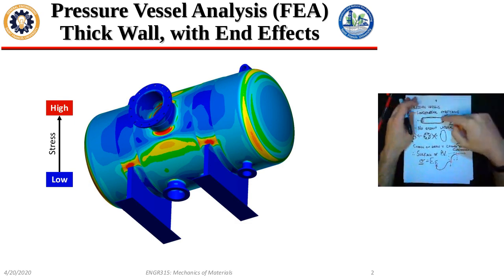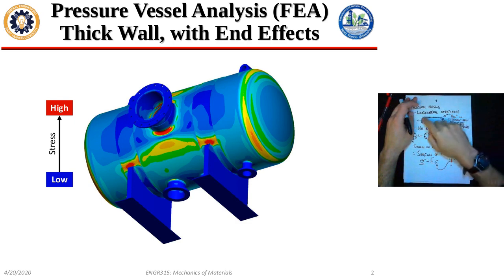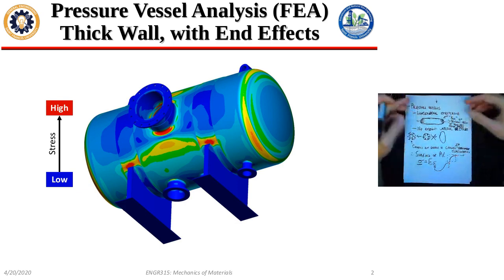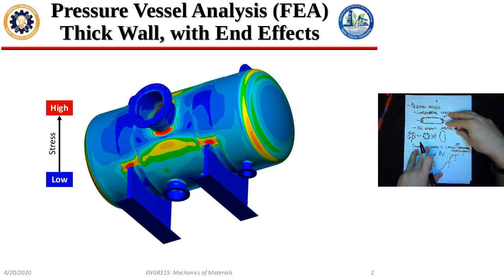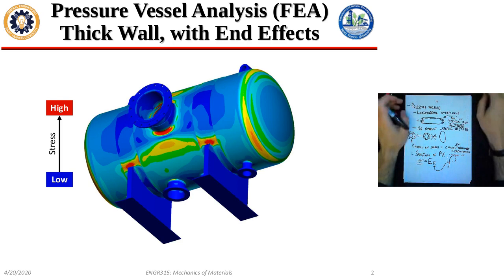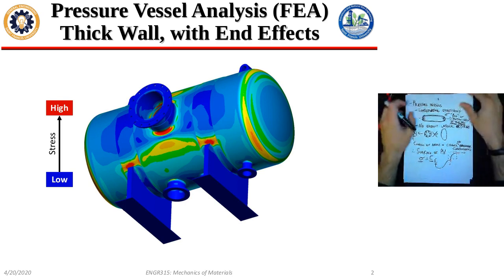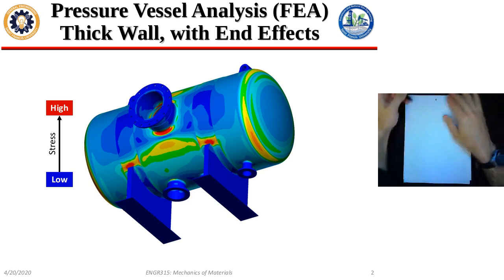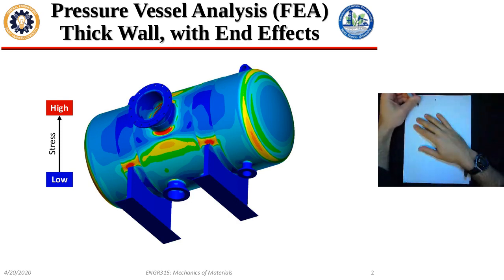This is just a cylindrical tank with spherical ends on it. Okay. Cool. So these are the two stresses that we're going to be looking at. A couple of assumptions before we get too far, though. One, we are going to be looking at thin wall pressure vessels.